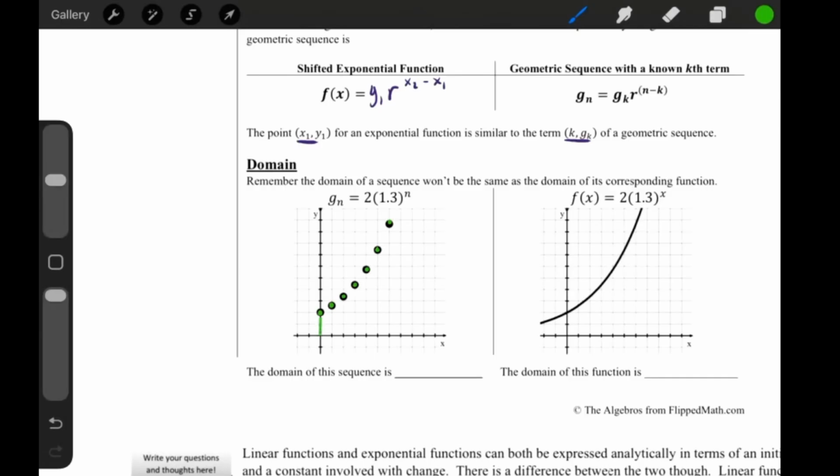So it would be 0, 1, 2, 3, 4, 5, and 6. So when we write our domain, we would list it as these individual points, rather than in a function, like how we have up at this side, where we would be able to say negative infinity to positive infinity. So how we're going to say that is the domain of this sequence is discrete points.